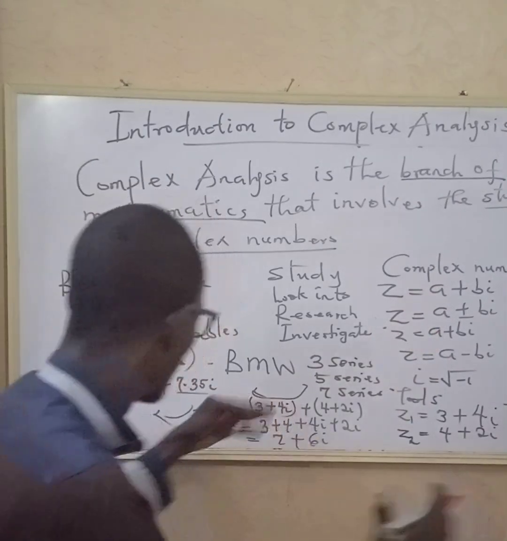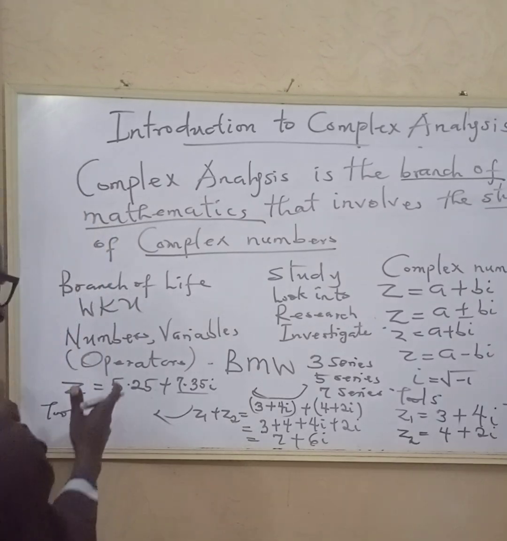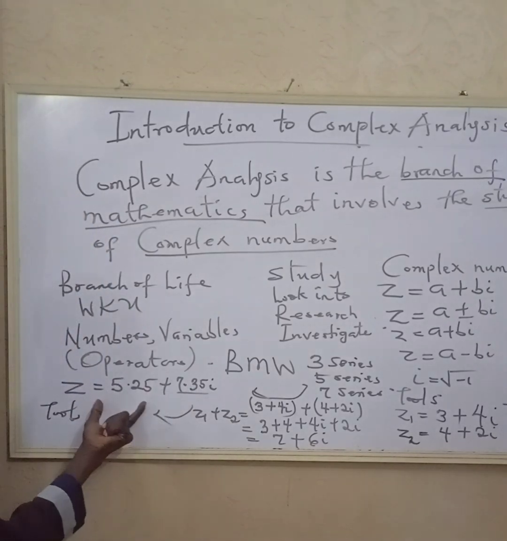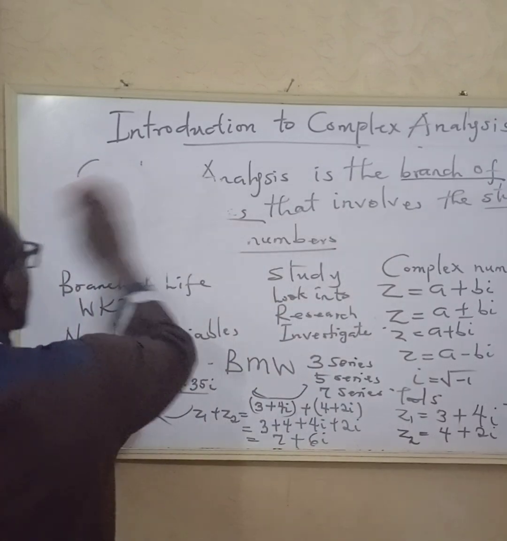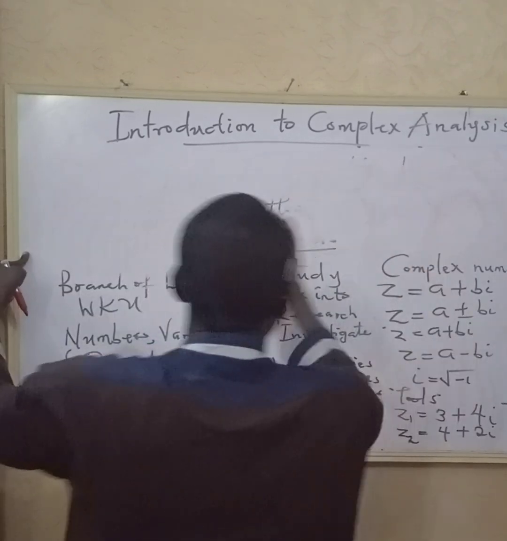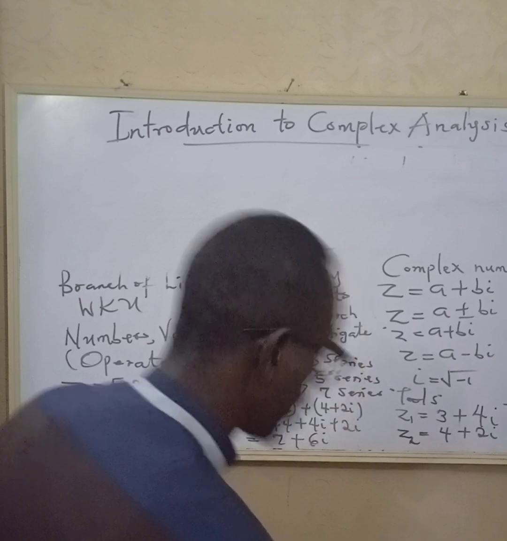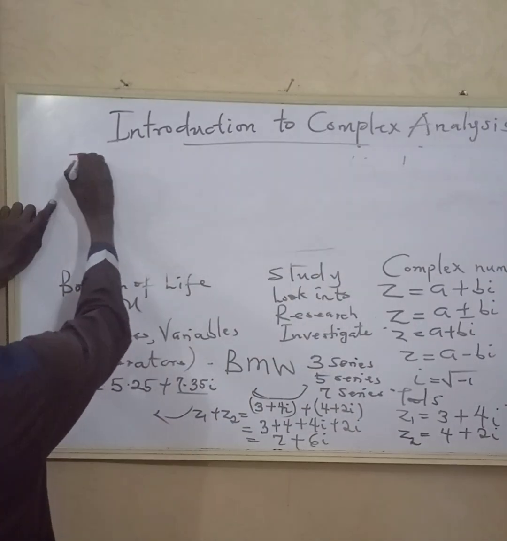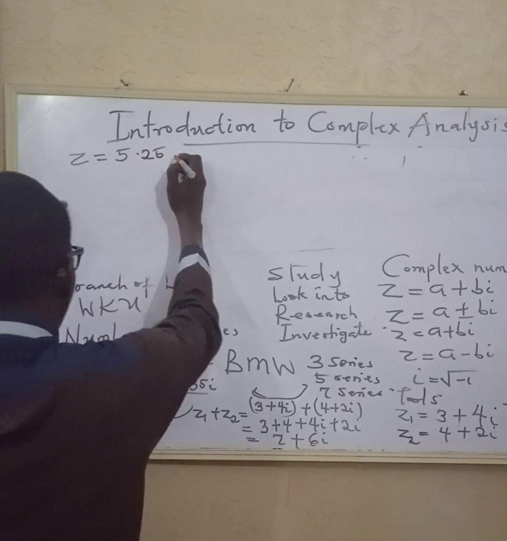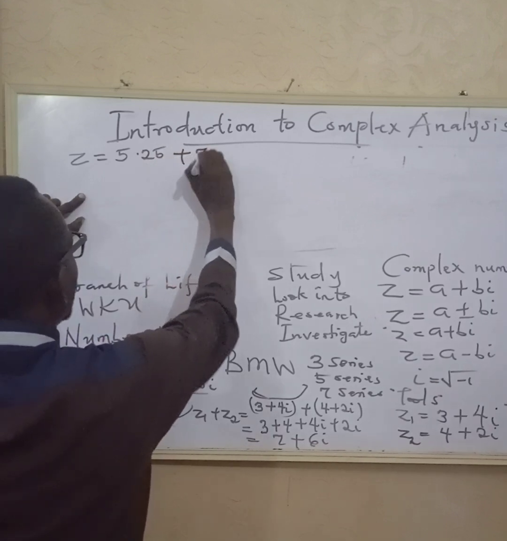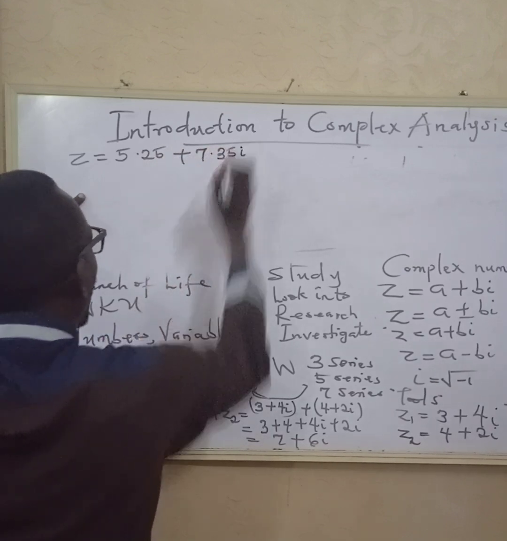How can we add up when it comes to the BMW automobile using the 5 series and the 7 series? Let's watch. We have the BMW series with this 5.25 and 7.35i.